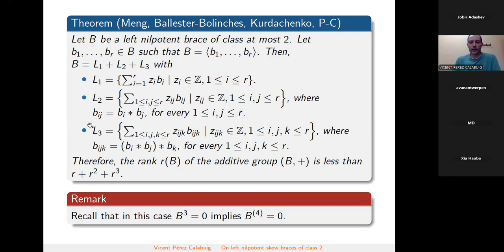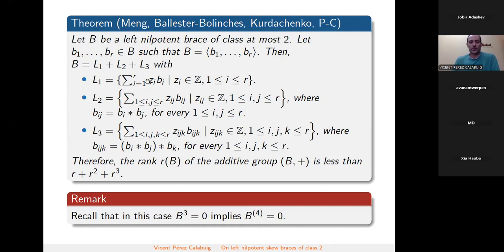And finally, the third subgroup is the set of all finite sums of all possible 3 star products of elements in the generating set, iterating the star product on the right. And we have to stop here because recall that if B is left nilpotent of class 2, the fourth term of the right nilpotency series is 0. So here we have the description of the additive group of such a brace.